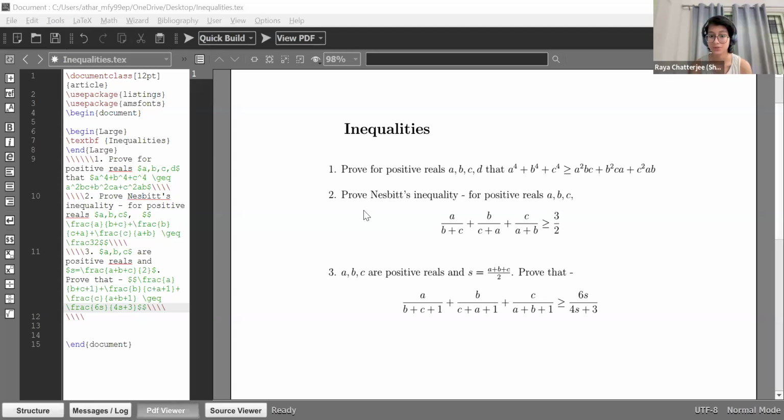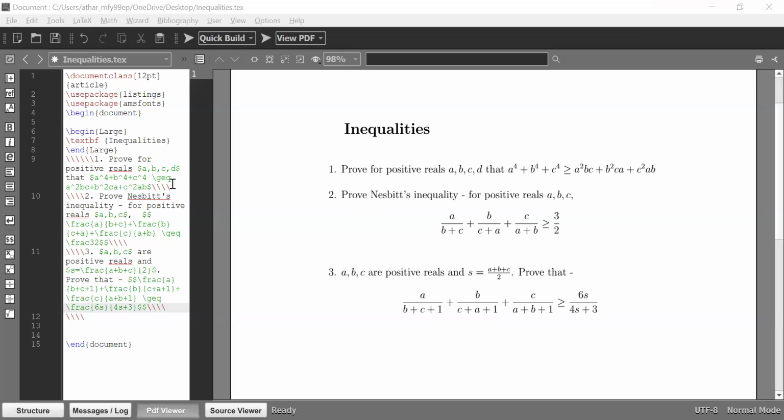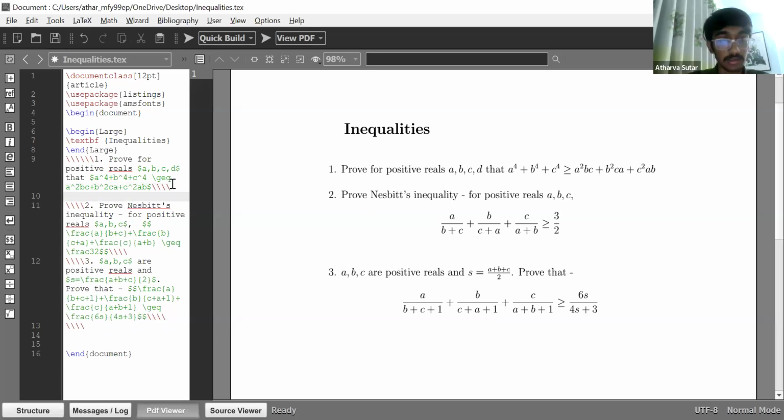Wait. Sure. One second. Before we move on to the second one, do you want to write down the solution for the first one first? Yeah, I'll properly write down the first one. So using AM-GM, we know that this is greater than.